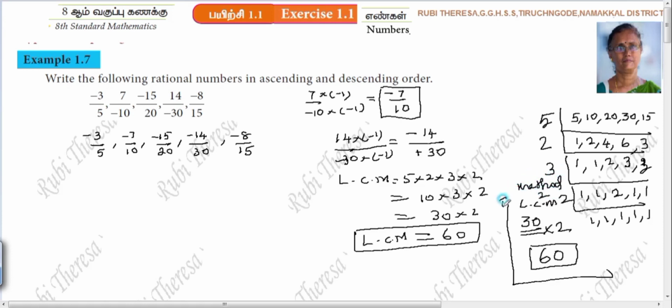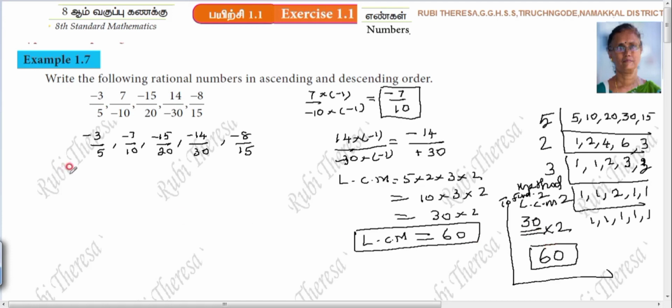Method 2 to find LCM. It is not compulsory to do it by this method. This is for competitive exams that I taught. Even though you are in 8th standard, it is an easy way because it is multiplied by 2 only. It ends with 0, so it is a multiple of 5 and a multiple of 10. So it will be easy.